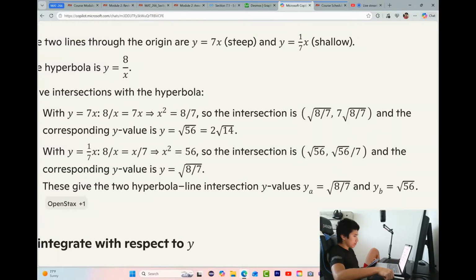That implies that 8 equals x squared over 7, 56 equals x squared, x equals square root of 56. So the intersection is square root of 56, comma, square root of 56 over 7. Now, where in the world did we get over 7? Isn't it square root of 56 times 7?